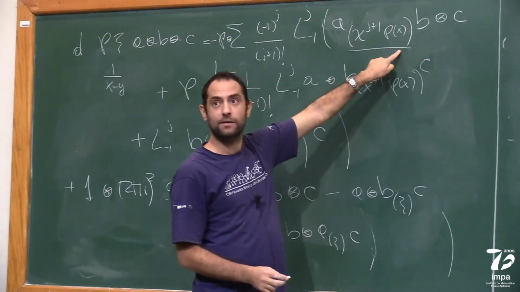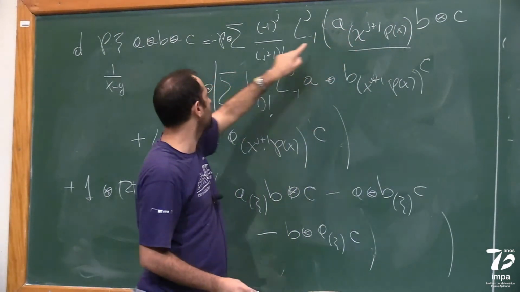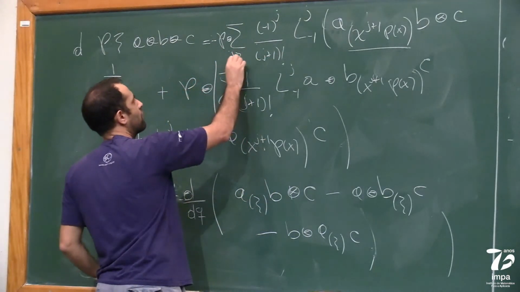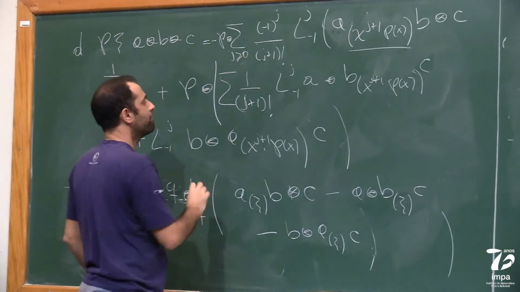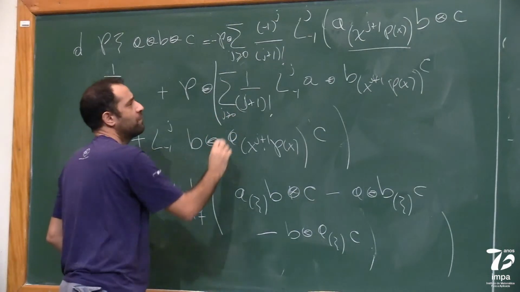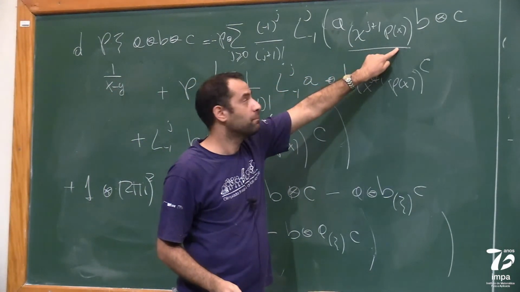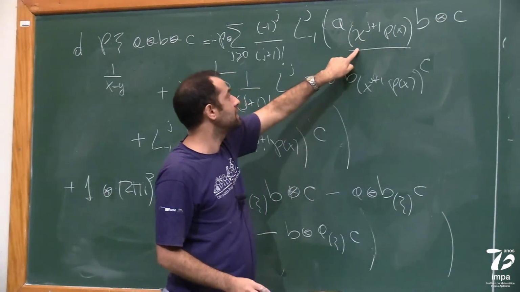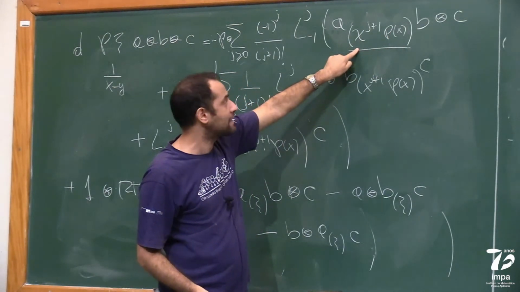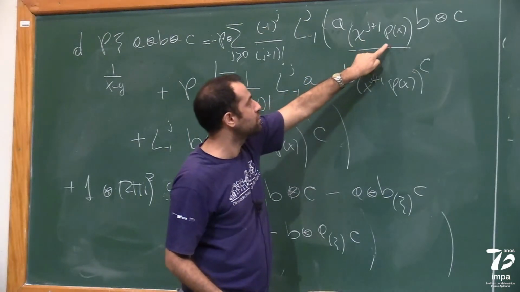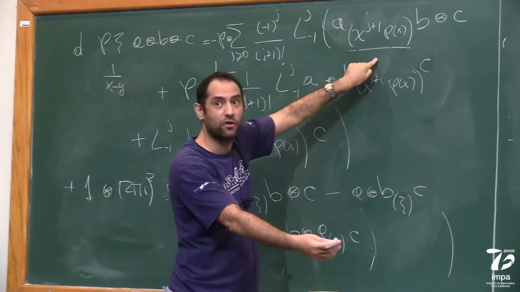So when I write here these products, remember, this meant A of x times this function applied to B, take the residue at x. So if you see here, all of these sums are over j bigger or equal than 0. This starts here with a pole of order 1, because p is 1 over x squared. This starts at least with x. So this product starts with 1 over x, and then the next term is already regular.